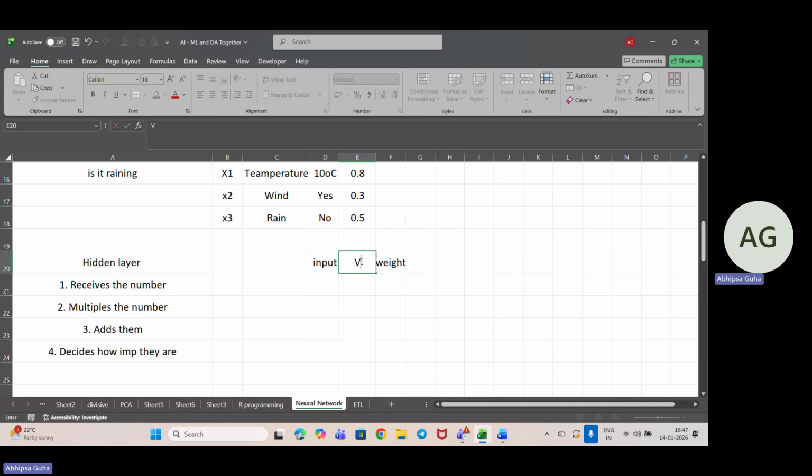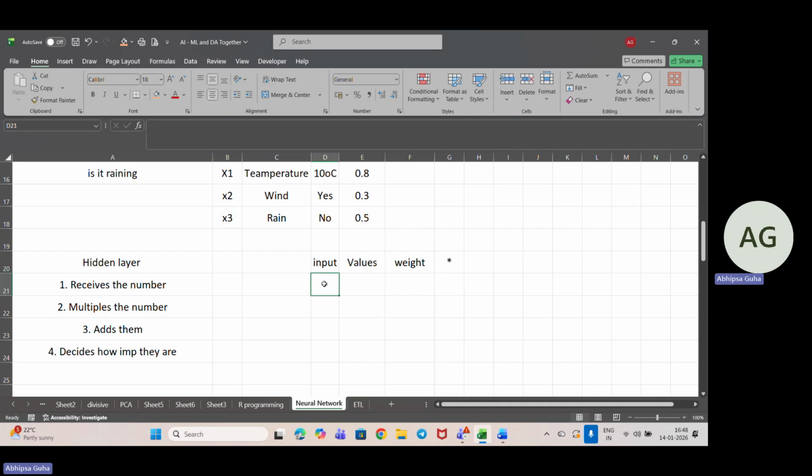I'll take the values, and I'll just put a star in between and then we will be taking it all together. Okay, so this is the idea.